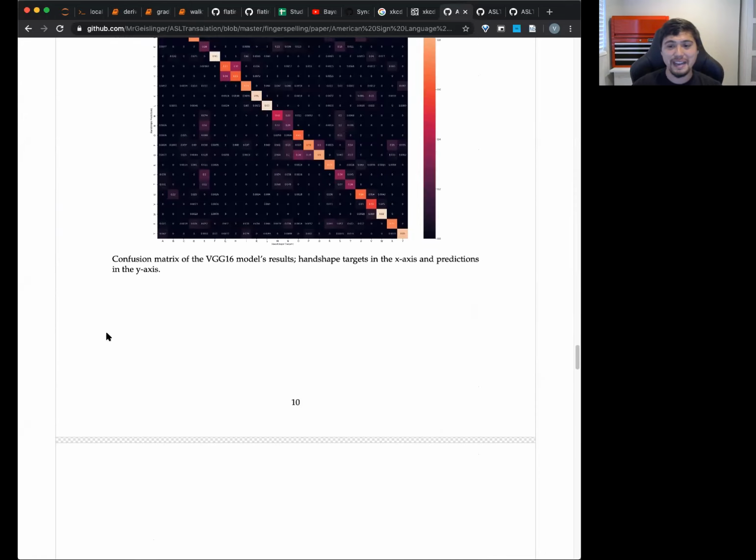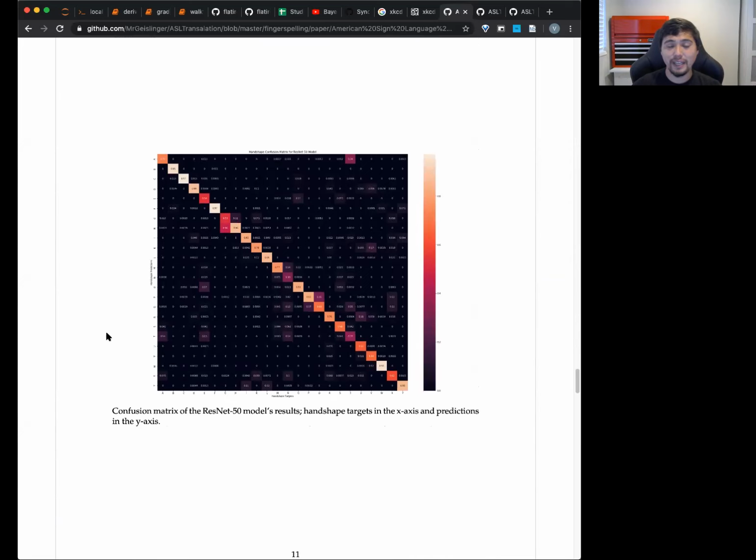They didn't consider what is involved in actual American Sign Language, because it's not just hands and movements, it's also facial expressions. There's a lot of depth in ASL.